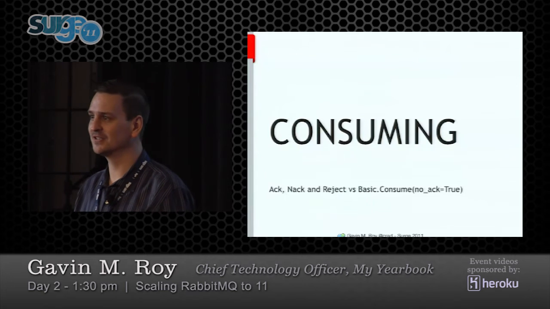That's a basic ACK. Or, hey, I got that message and I really couldn't do anything with it, take it back. That's a basic NACK or a basic reject. Or you could say, hey, Rabbit, I don't really care if I lose a message or two in there.